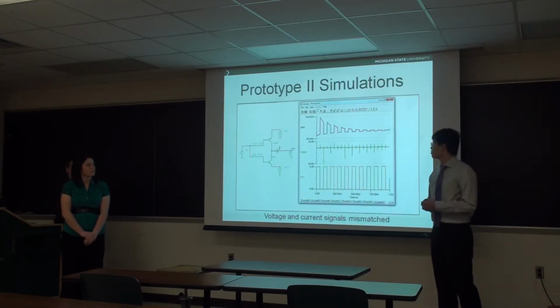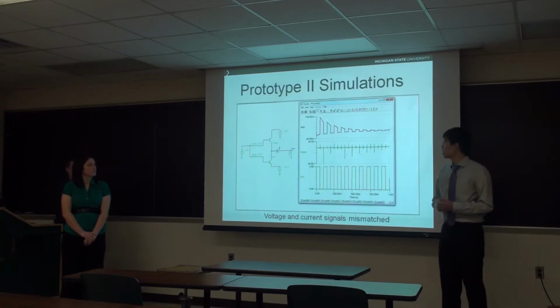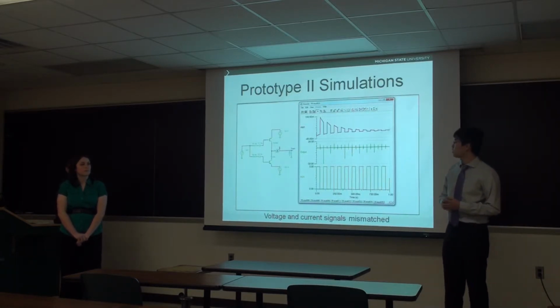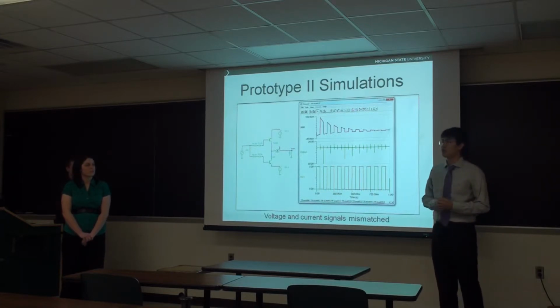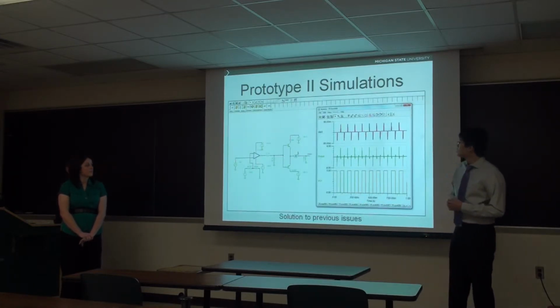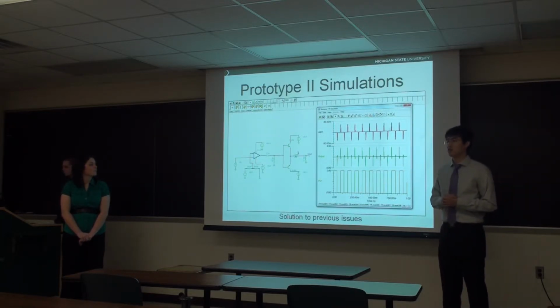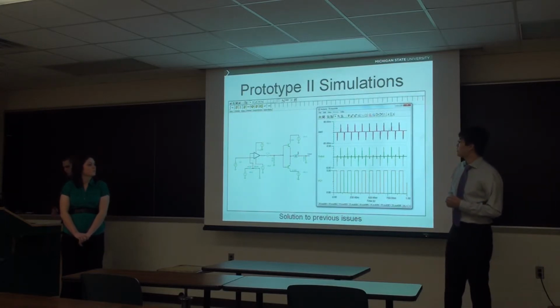The second issue with this circuit is that with higher inductance, the current and the voltage signals are diminishing. So based on the previous circuitry experiments, we have to revise our circuits.